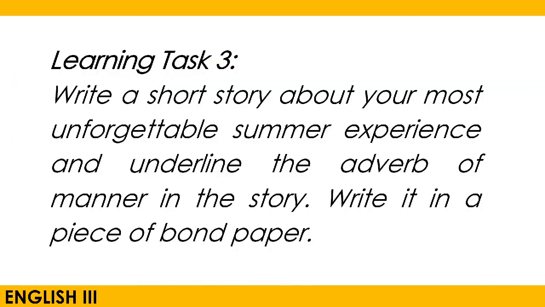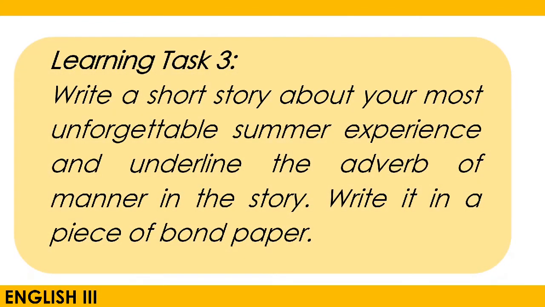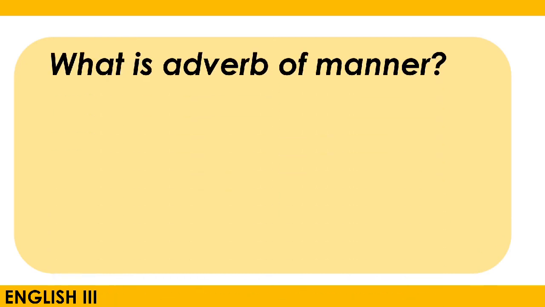For learning task number 3, write a short story about your most unforgettable summer experience and underline the adverb of manner in the story. Write it in a piece of bond paper. So once again, all you have to do is to choose between learning task number 1, 2, or 3.